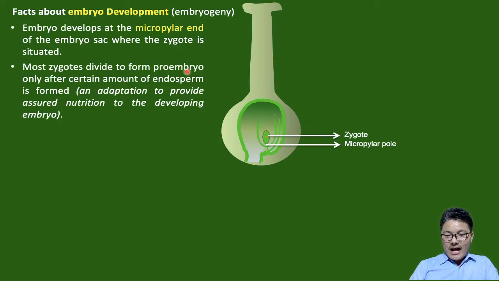So after the formation of zygote, zygote will get nutrient from endosperm, and zygote will undergo mitosis, differentiation of cell, and form embryo. Now embryo is suspended within the ovule of your ovary.